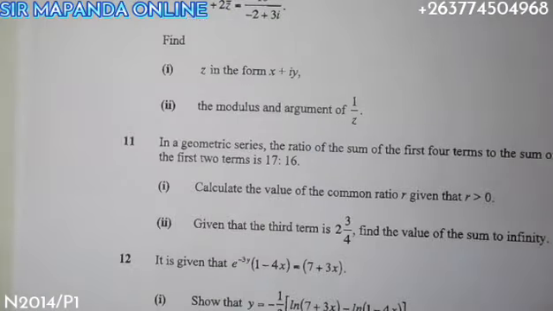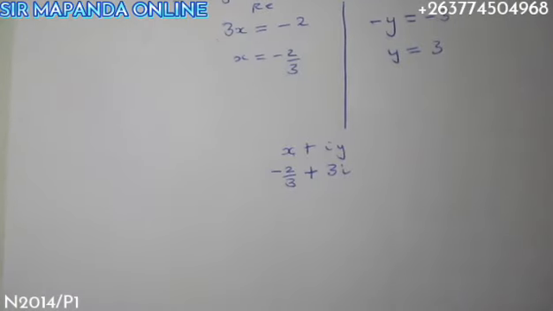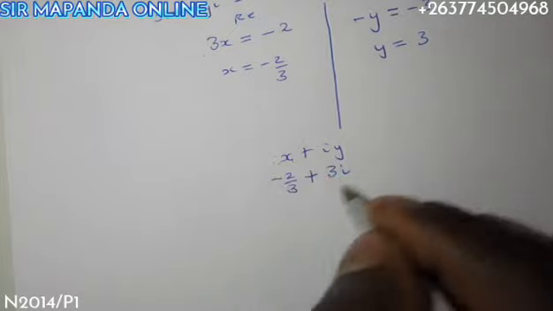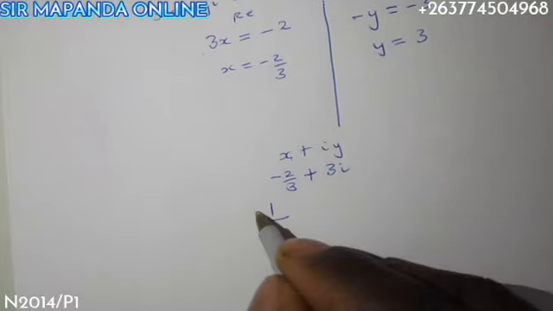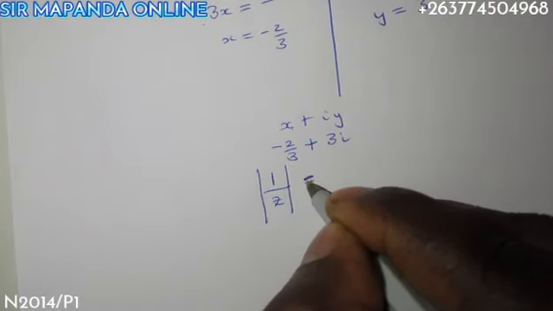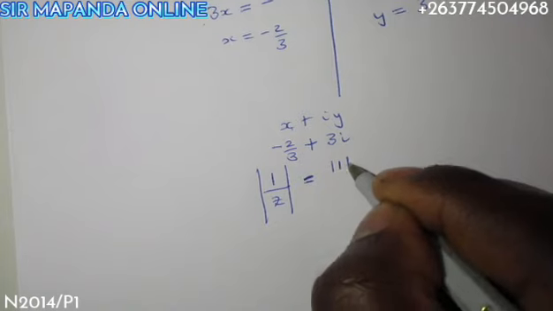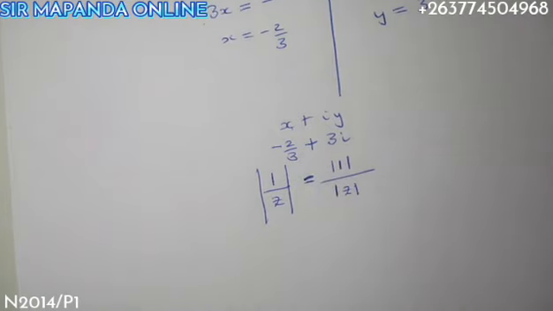Find the modulus and argument of 1 over z. So since this is our z, they want you to find the modulus of 1 over z. In simple terms, the modulus of 1 over z is as good as modulus of 1 divided by modulus of z.